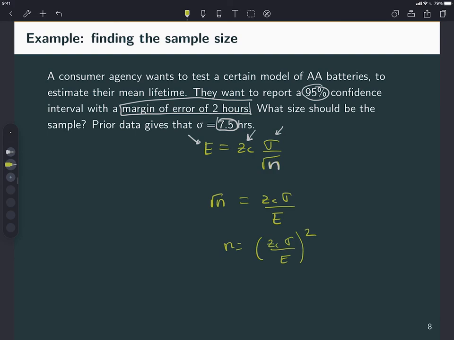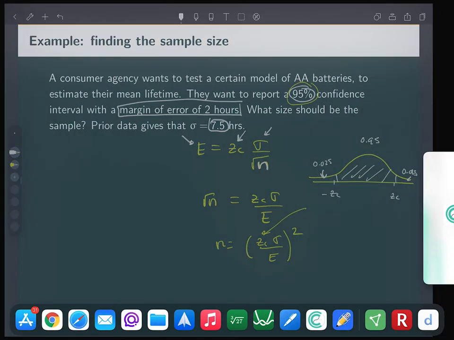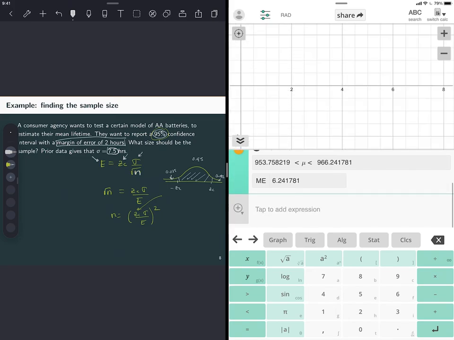So we still need to find, for example, here, what is the z for a 95% confidence. So remember that for a 95% confidence, what I'm looking for is what are the z-scores that trap the middle 95%. And using the same logic, if there's 95% in the middle, there's 2.5% on each tail. So to find that value, I erased everything, I think, so I had to do it again.